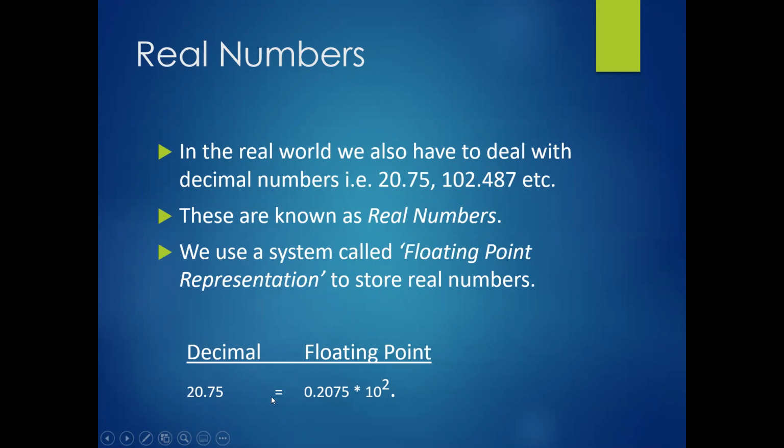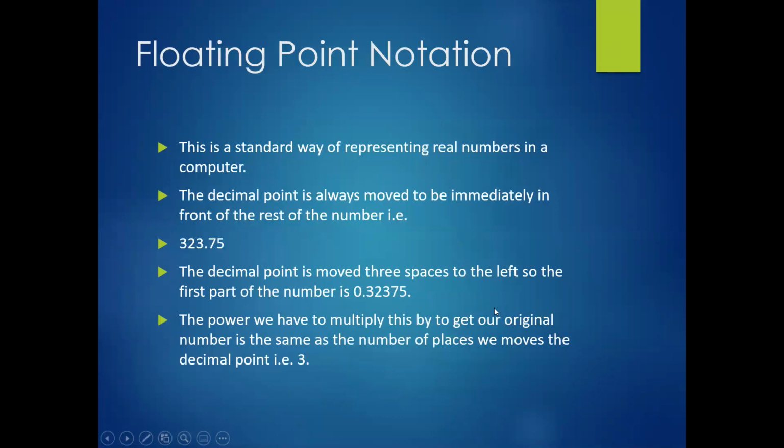So the equals holds true. They are the same value, just written down differently. In computer science, floating point representation always starts with a 0 and then all the digits of the number. So this is a standard way of representing real numbers in a computer. The decimal point is always moved to be immediately in front of the rest of the number.